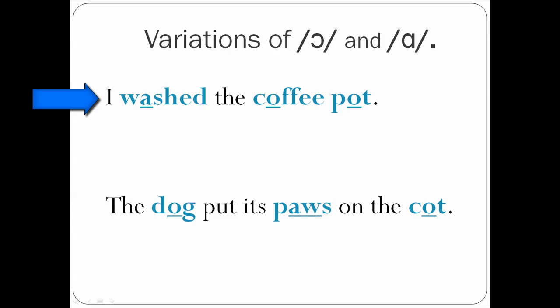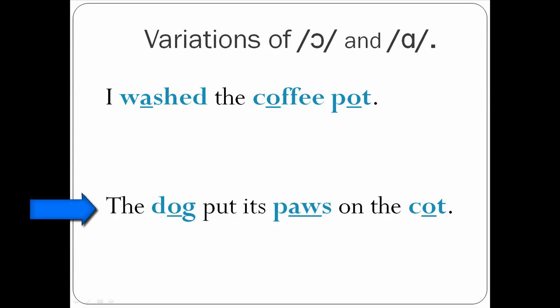Now I'll read it again, but I'll change one word so that it has the aw sound. Try to tell which one it is. I washed the coffee pot. Could you hear it? Washed, coffee, pot. Do you hear that I changed coffee to coffee?